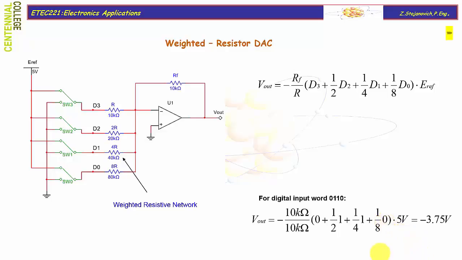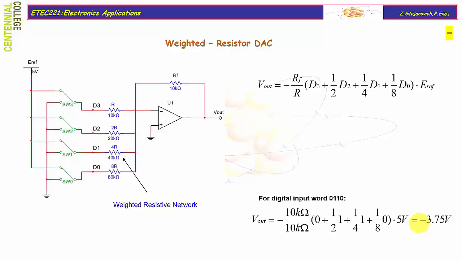Multiply with total reference voltage, which is assumed to be 5 volts, and that will give us the final result. Of course, once again, keep in mind that all values are inverted. They have a negative sign because it's an inverting amplifier configuration.